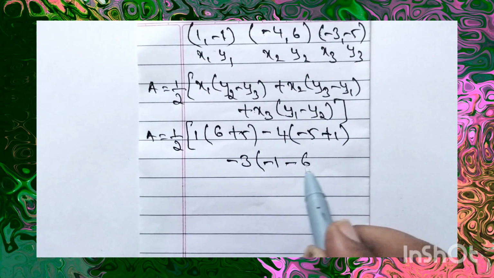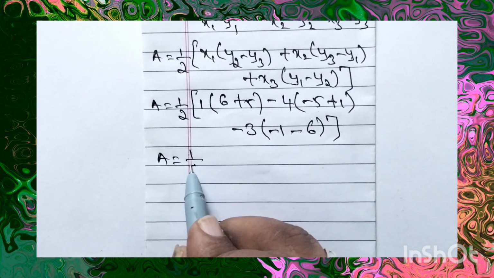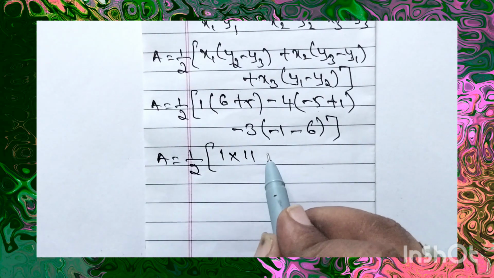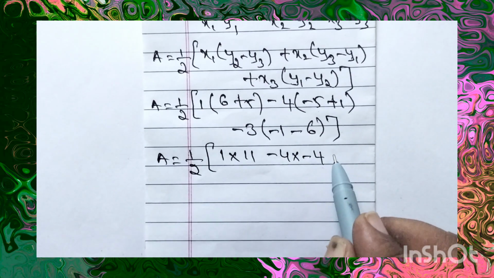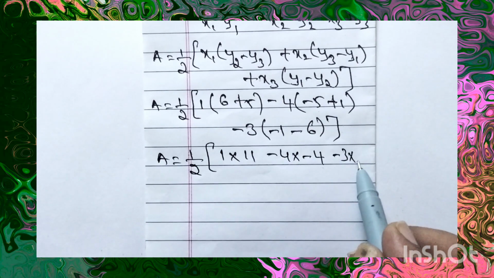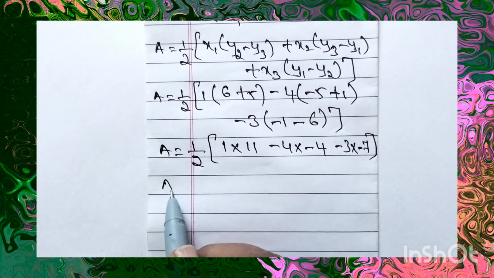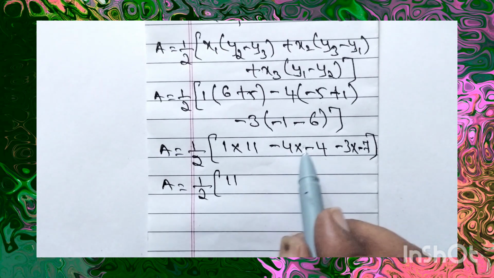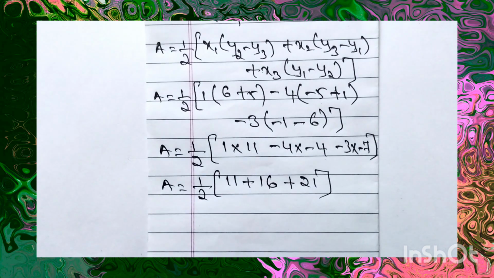So y2 is 6. Area is equal to half into 1 into 6 plus 5 is 11, minus 4 into minus 5 plus 1 is minus 4, minus 3 into minus 1 minus 6 is minus 7. So area is half into 11, minus into minus is plus, 4 fours are 16, minus into minus is plus, 3 sevens are 21.